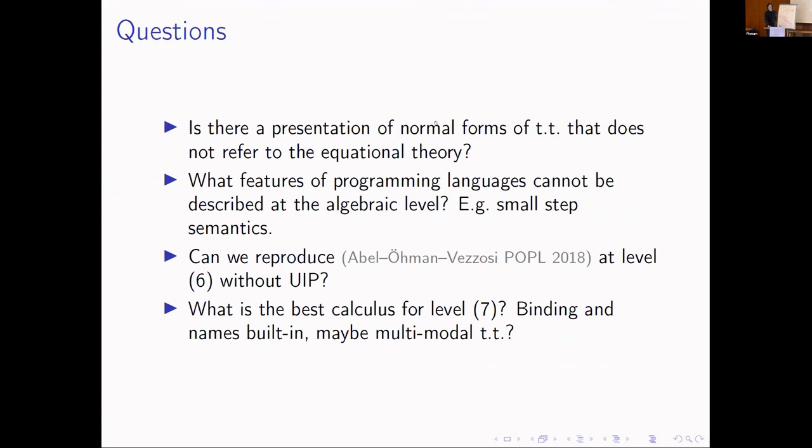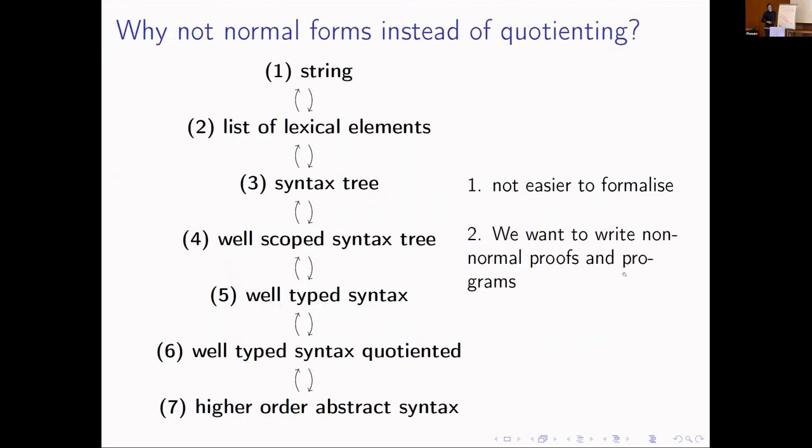And an interesting thing is that there is this normalization proof of type theory, which is a proof at level 3. So I would expect that you could explain the same proof at level 7, and then going down the ladder, you would end up with the same proof as they formalized at level 3.